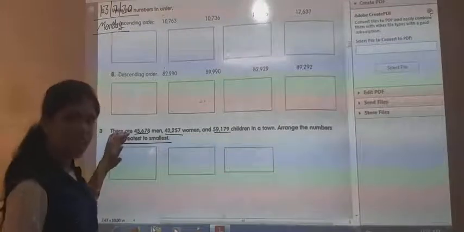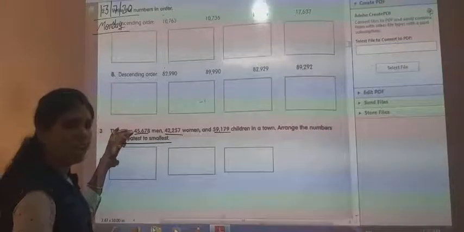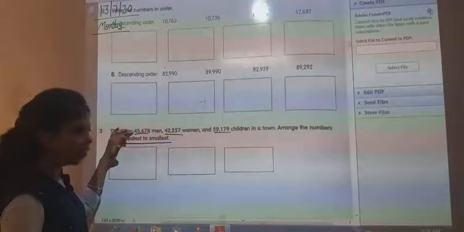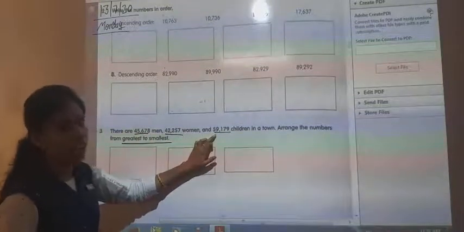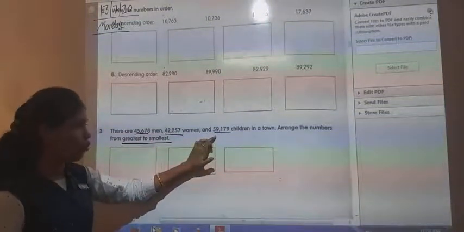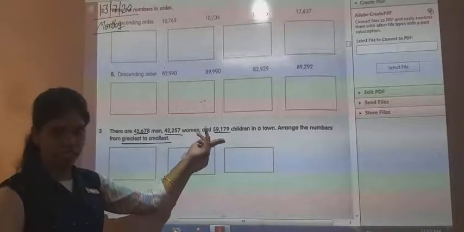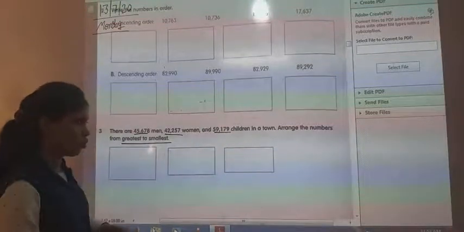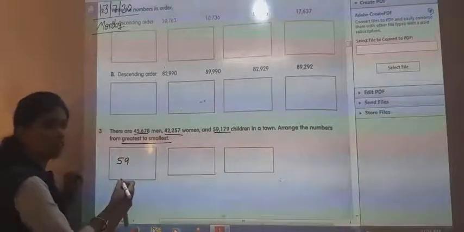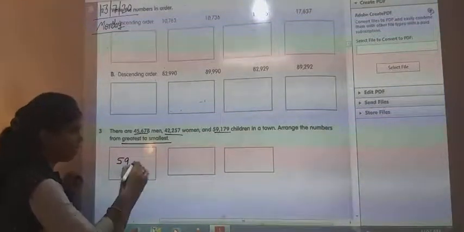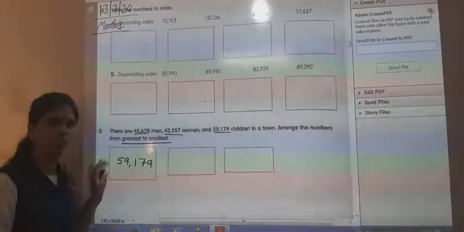Yes, from the 10,000 place we will start. Now we have 4 in the first number, 4 in the second number, and in the third number we have 5. So is 5 greater or 4? Yes, right students, 5 is greater. So this number is the greatest number. The number is 59,179.